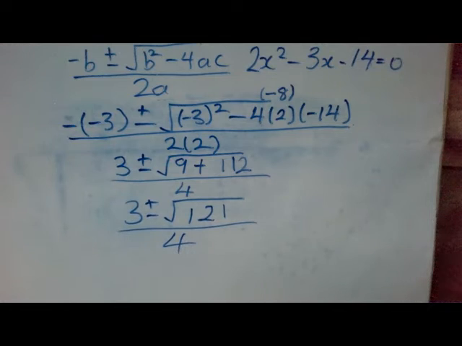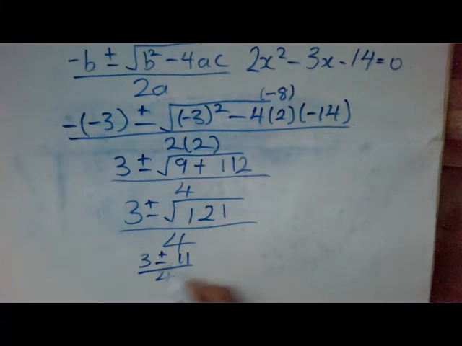So what is that number that when you multiply it with itself, it will give us 121? That number is simply 11. So we'll have 3 plus minus 11 all over 4.